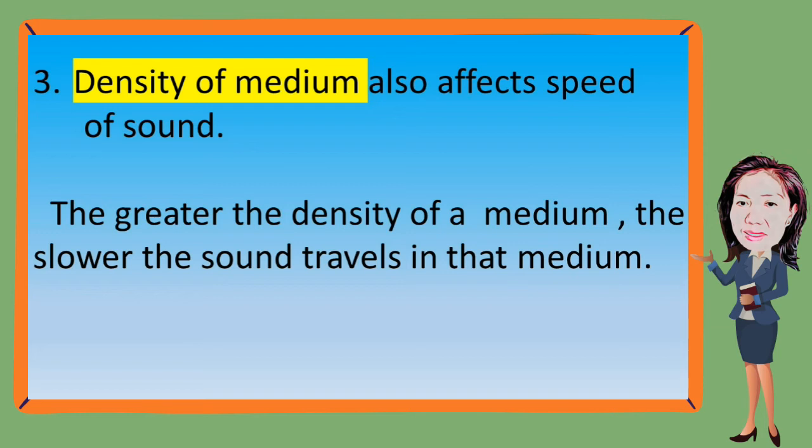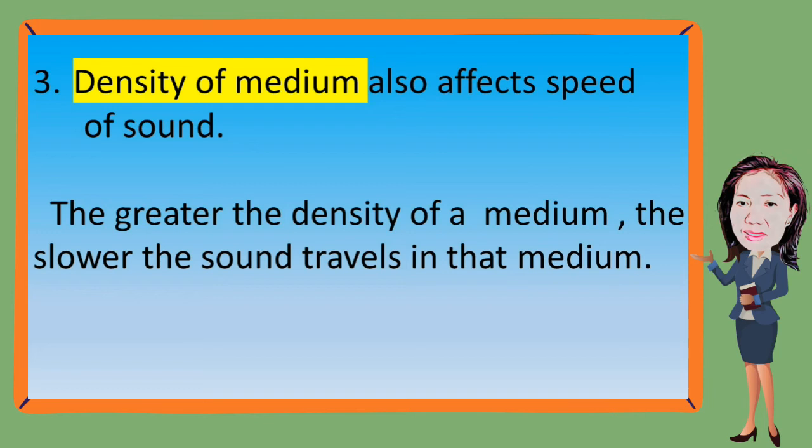So kung ang density ng isang medium o dadaanan ng sound is greater, slower ang iyahang movement ng sound or travels ng sound. So they are inversely proportional. The more dense the medium, the slowest its travel of sound.